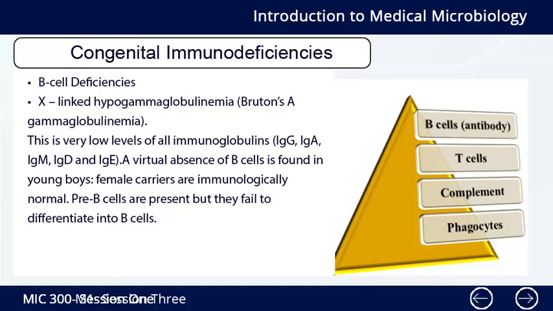This is very low levels of immunoglobulins, immunoglobulin G, immunoglobulin A, immunoglobulin M, immunoglobulin D, and immunoglobulin E. A virtual absence of B cells is found in young boys. Female carriers are immunologically normal. Pre-B cells are present, but they fail to differentiate into B cells.